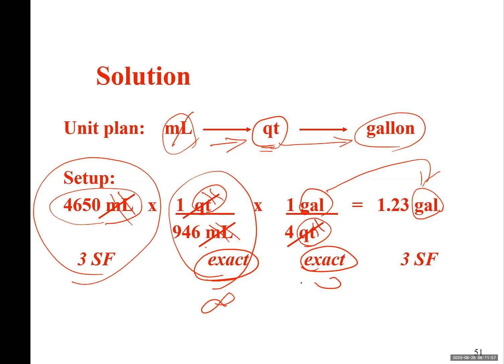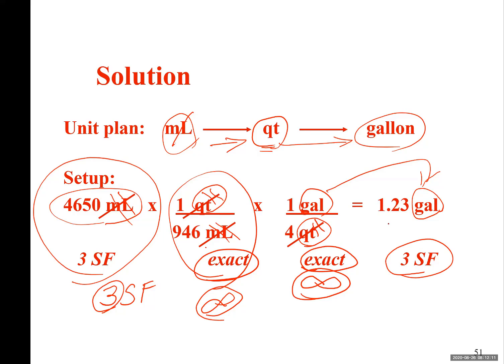So it's exact, infinite significant figures. So between three significant figures, one has three significant figures, the other two have infinite, the smallest one is three significant figures. Then you round your answer to three significant figures.